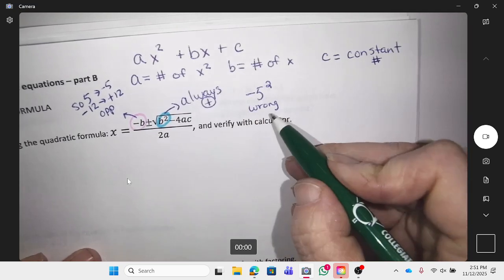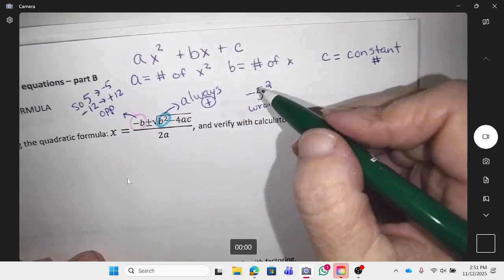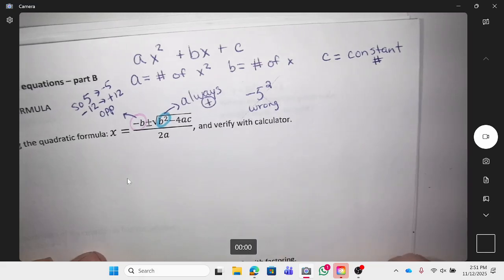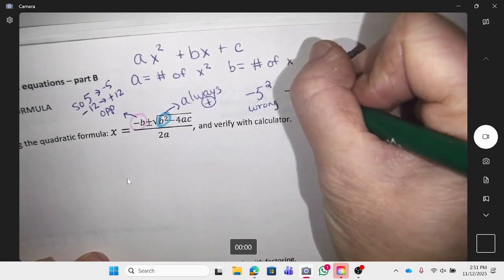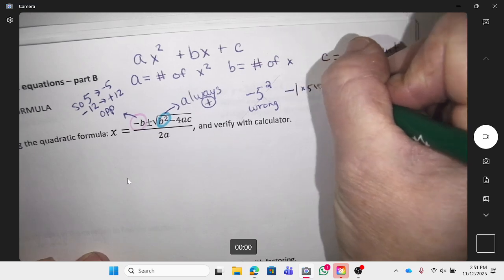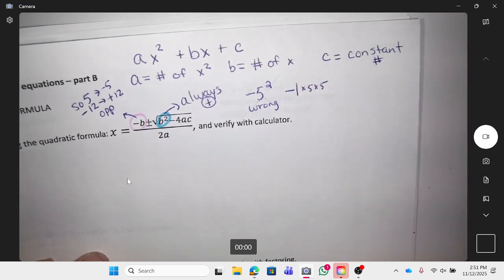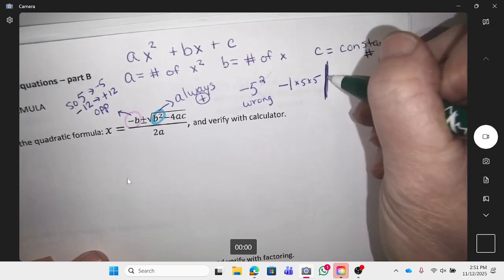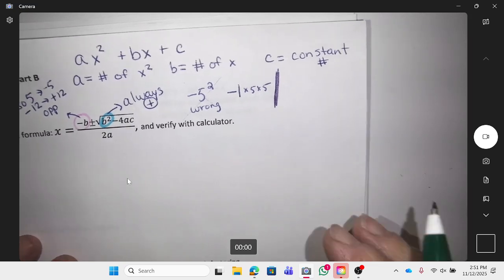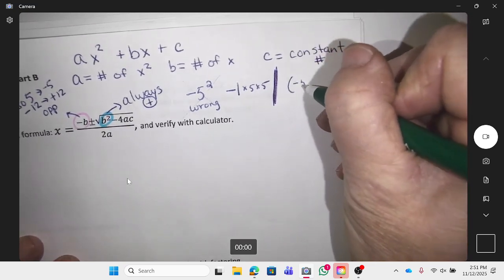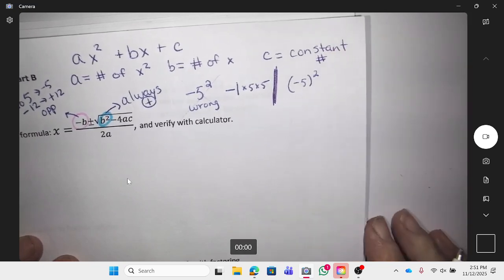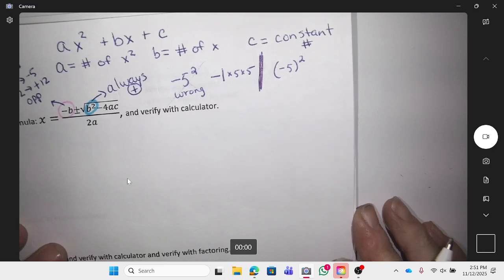If you type this into your calculator, it's wrong. It's not good. Why is that wrong? Because you're telling your calculator to do -1 times 5 times 5. That's what your calculator wants you to do. What's a way to correct my typing into the calculator?